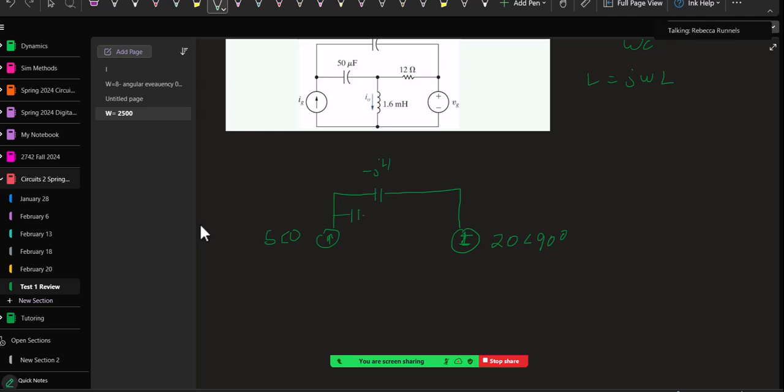This capacitor is minus J8. The resistor stays 12. And the inductor is J4.